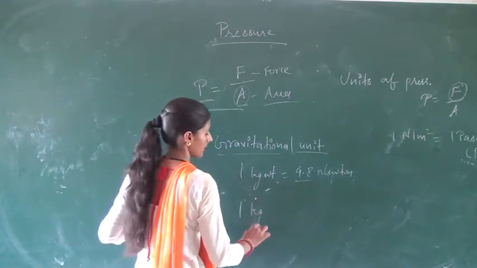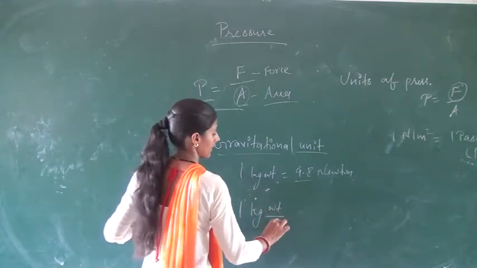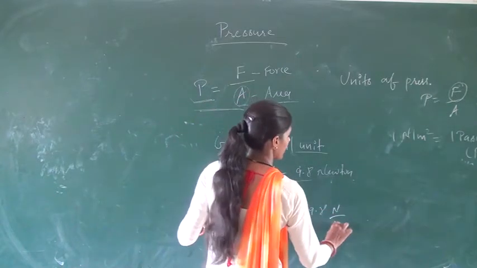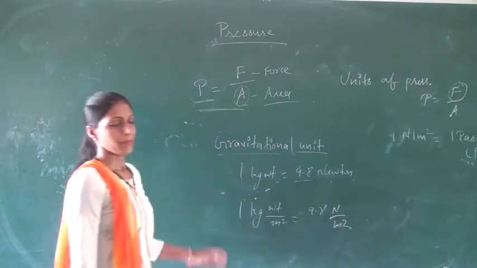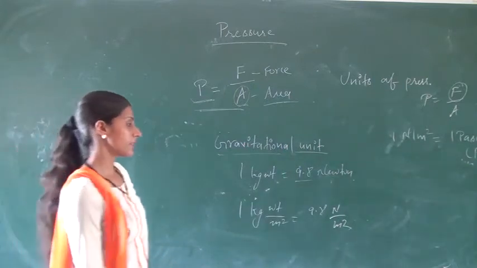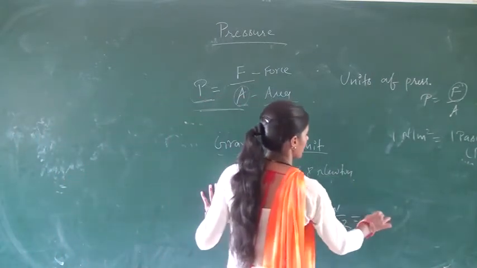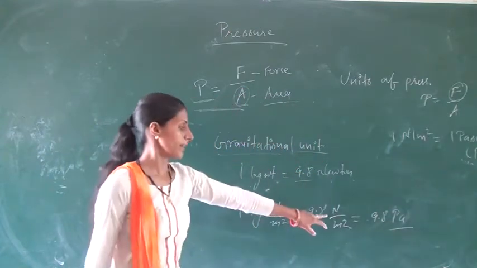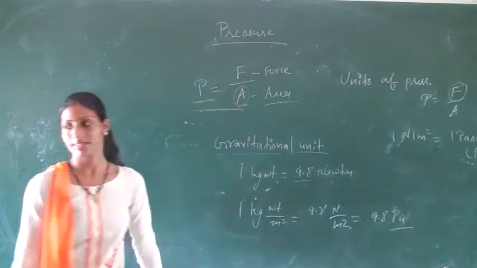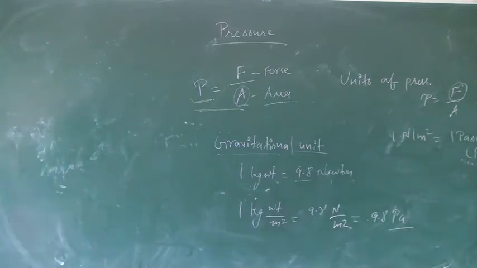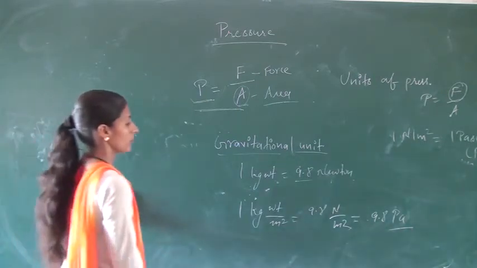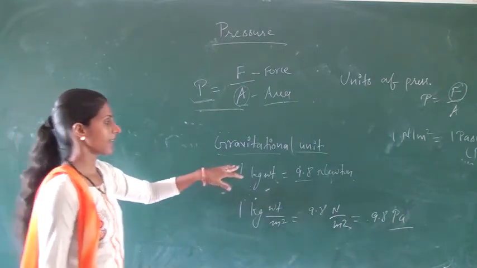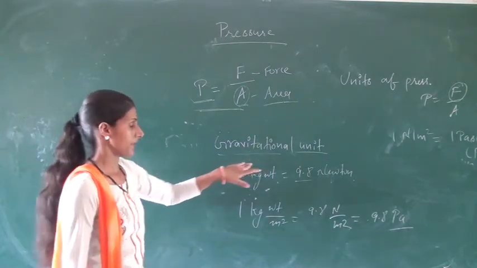So, 1 kg weight per meter square is equal to 9.8 Newton per meter square, which is equal to 9.8 Pascal, because 1 Newton per meter square is equal to 1 Pascal. This is the gravitational unit of the pressure.